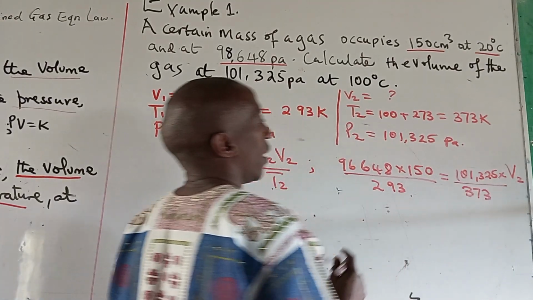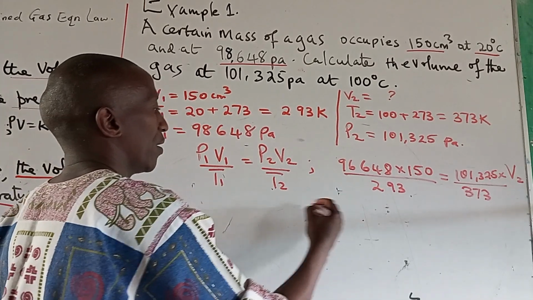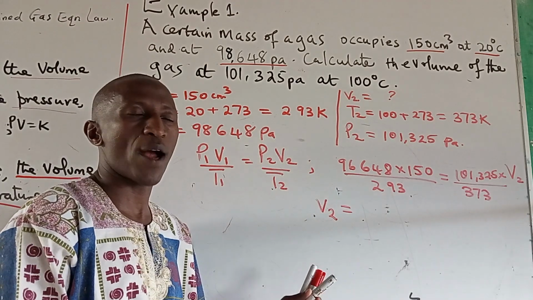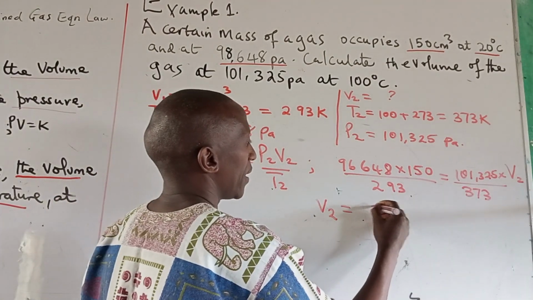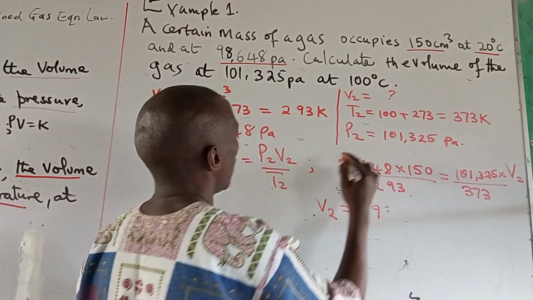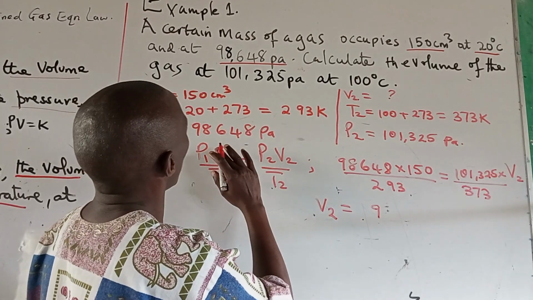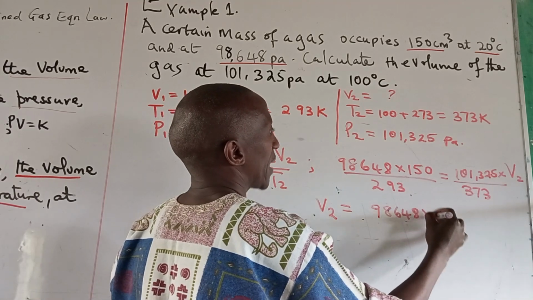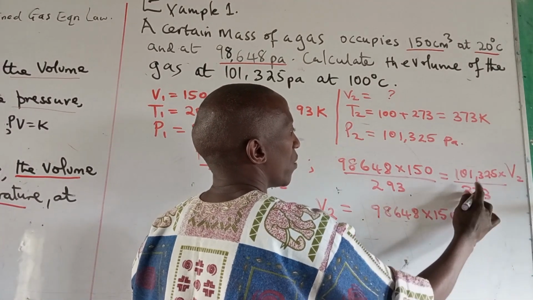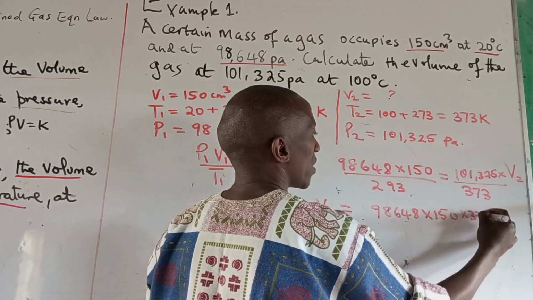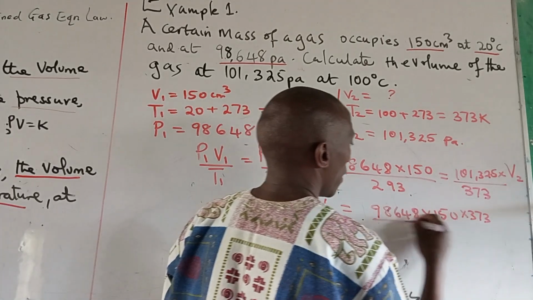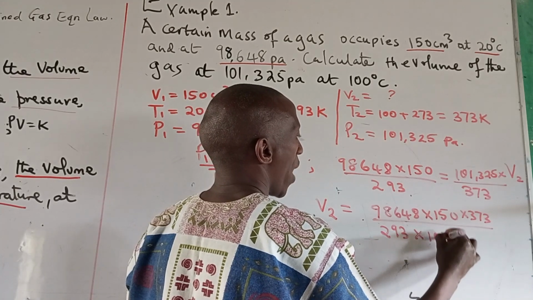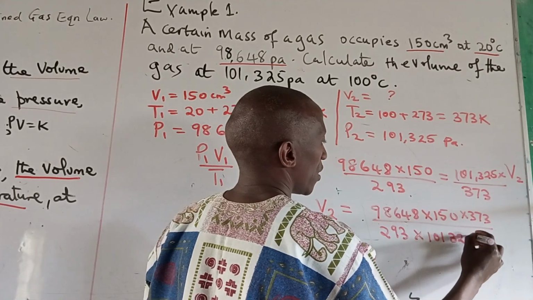At this point, we make V2 the subject of our working, and we shall have 98,648 times 150, cross multiply with 373, we divide by the 293 and 101,325.